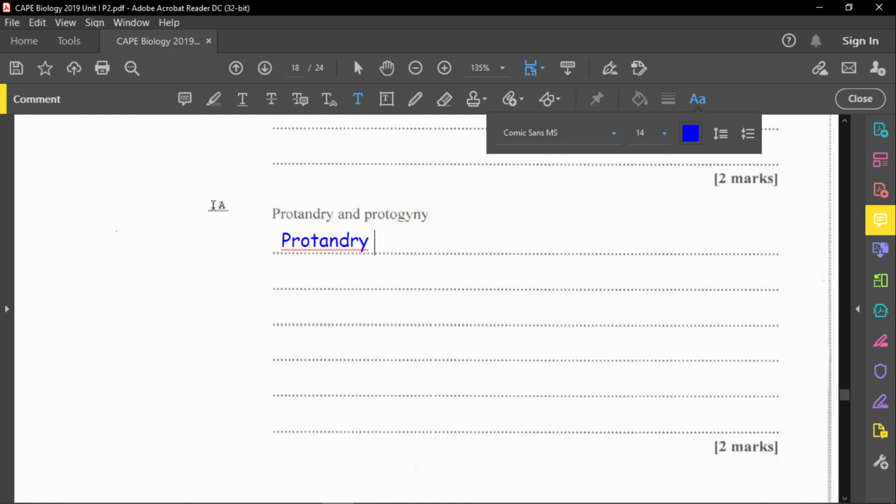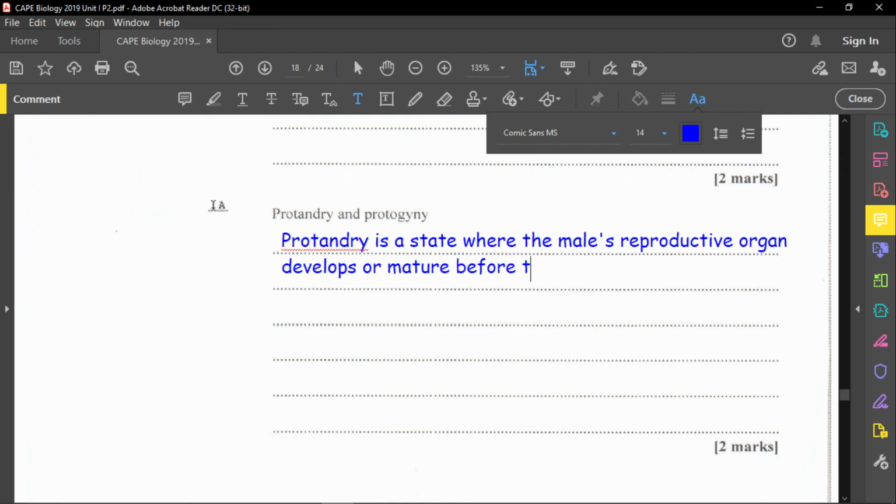So protandry is a state where the male reproductive organ develops or matures before the female reproductive organ.